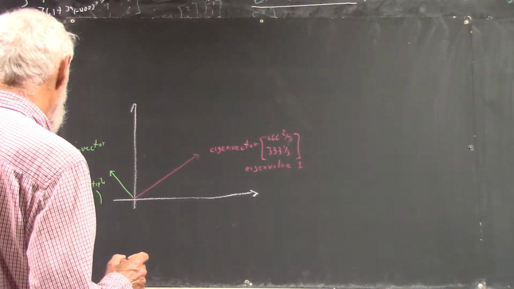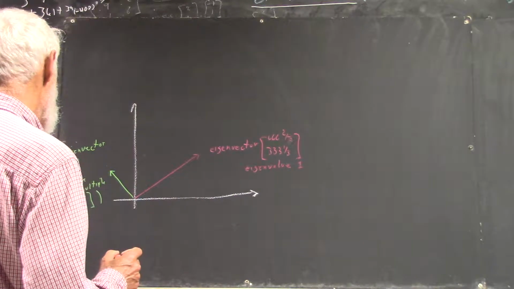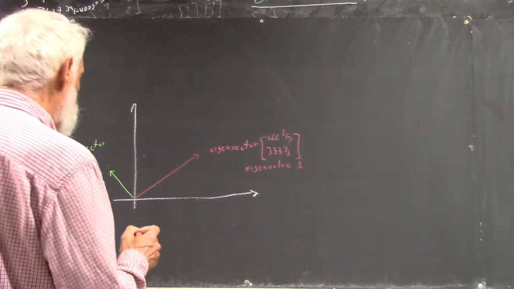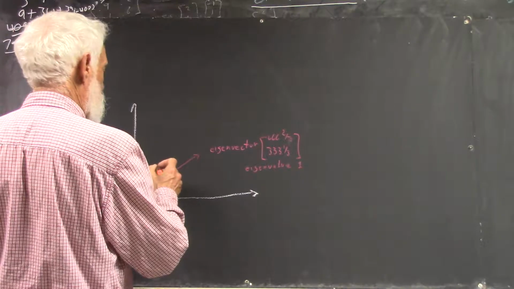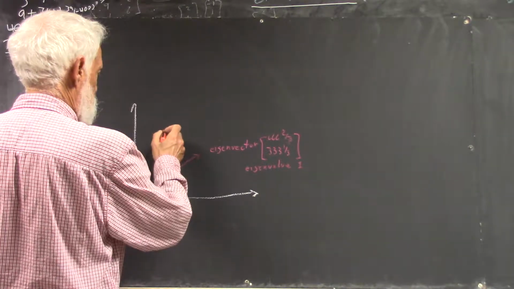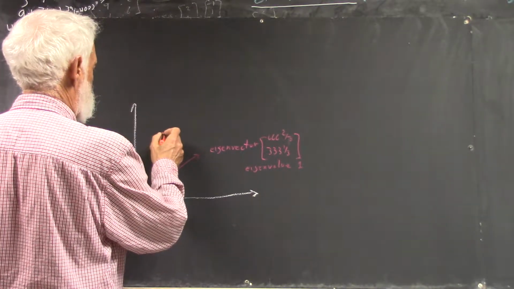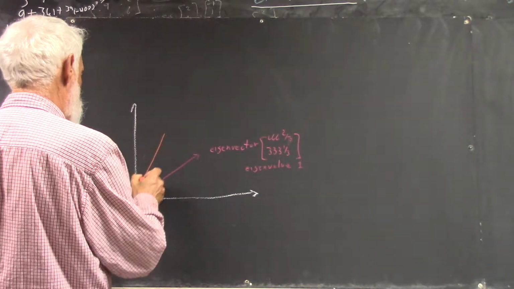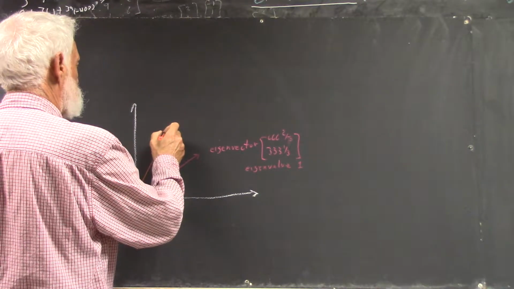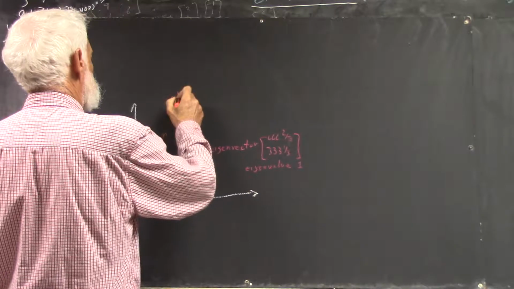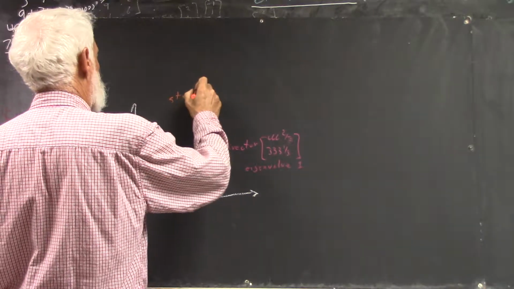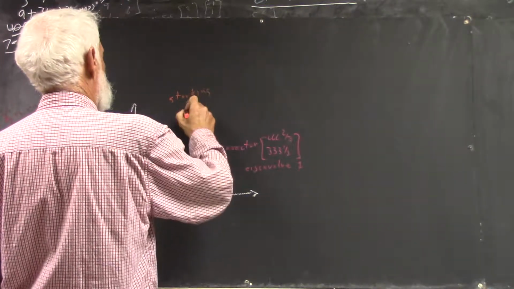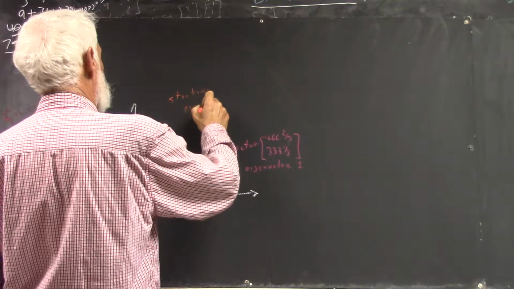Now, if you start from any population configuration, there's your starting population vector.